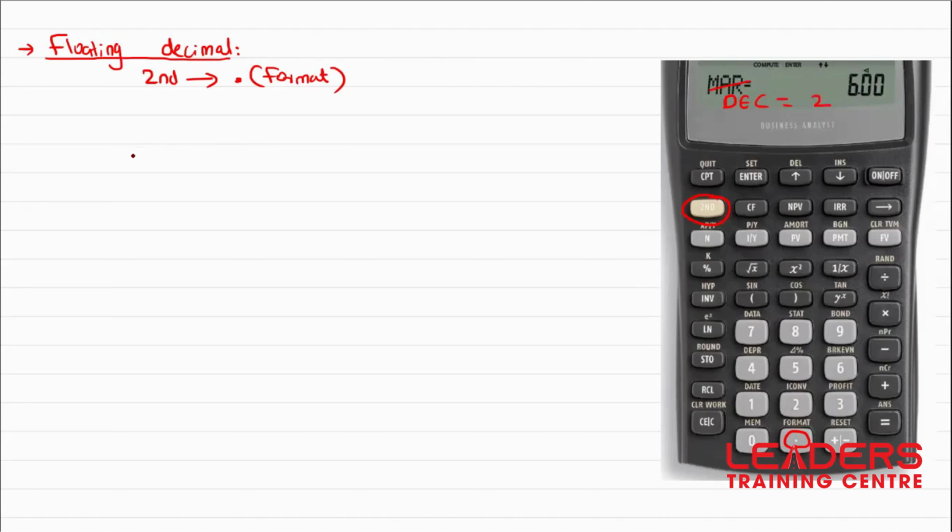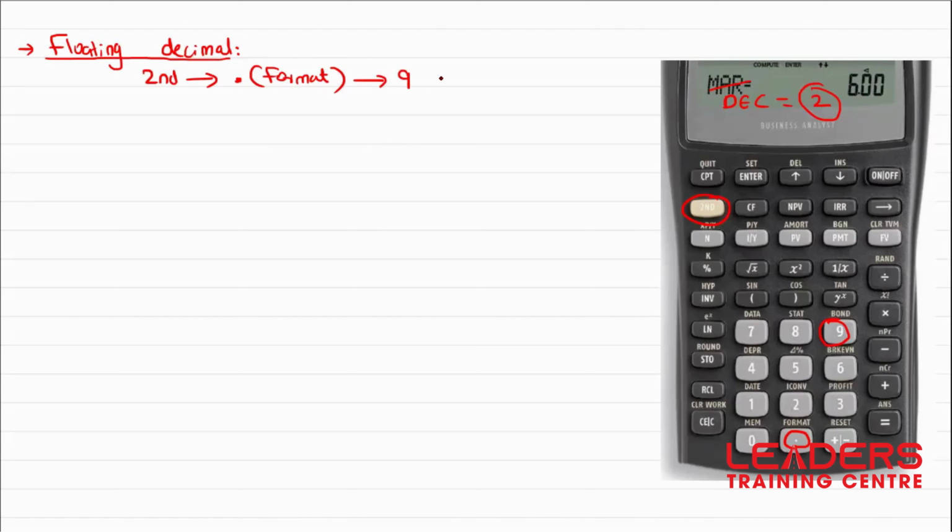That's what you will see by default. That means you have 2 decimals, and that's why your calculator gives you answers up to 2 decimals. We want to make it floating decimal. The calculator has been set in such a way that if we replace the 2 with 9, 9 represents the floating decimal. So all you should do is, after pressing this, simply press 9.